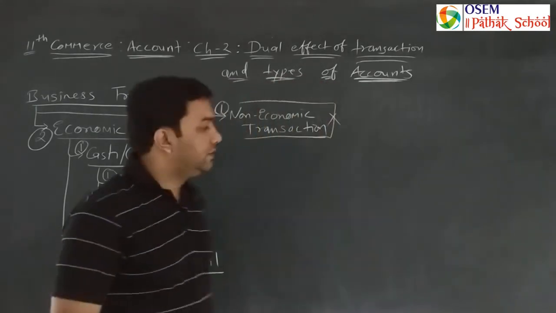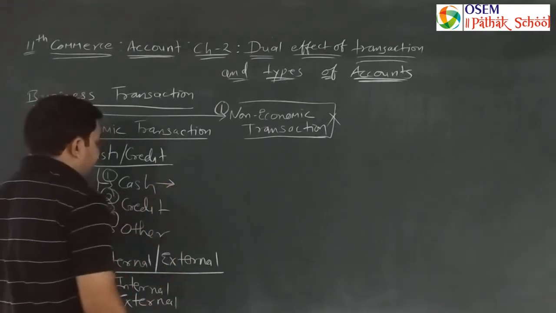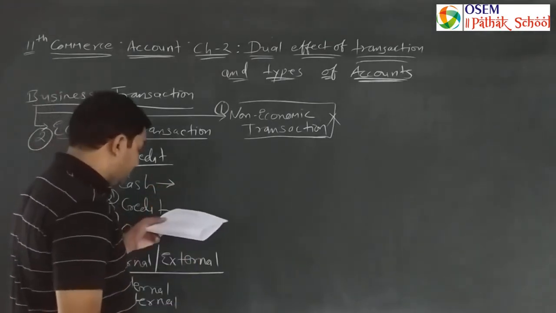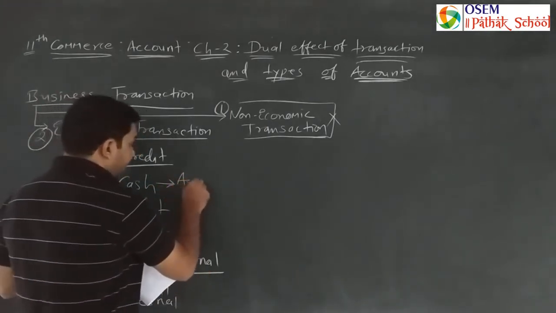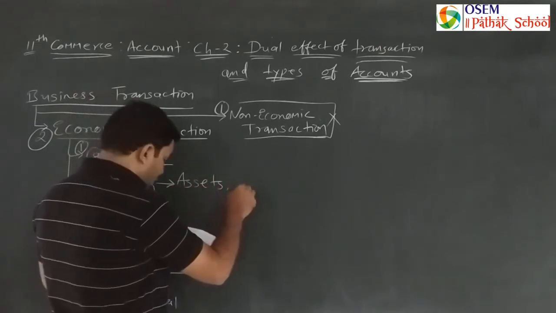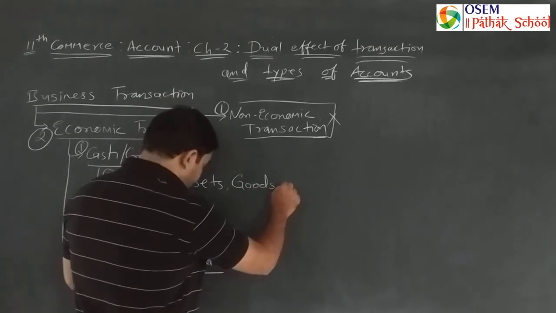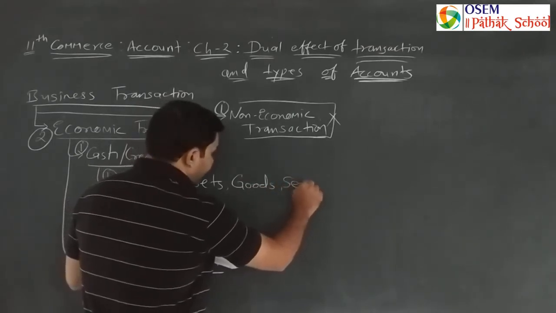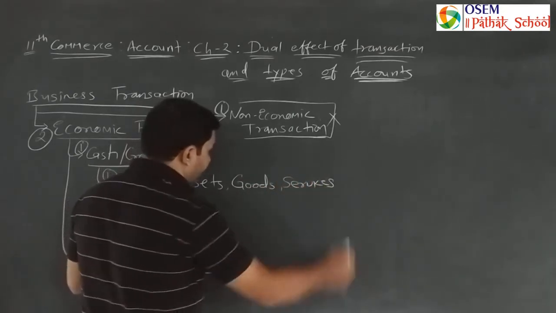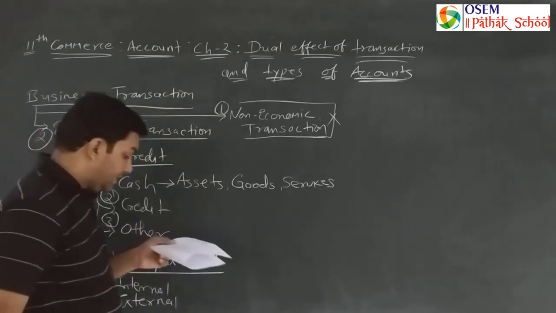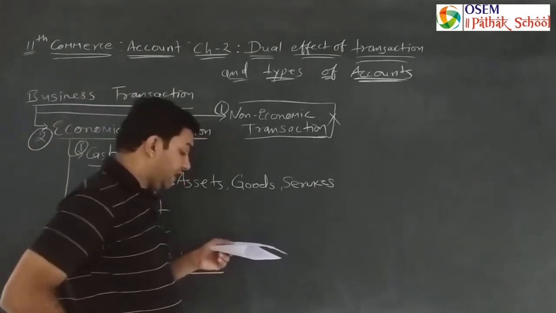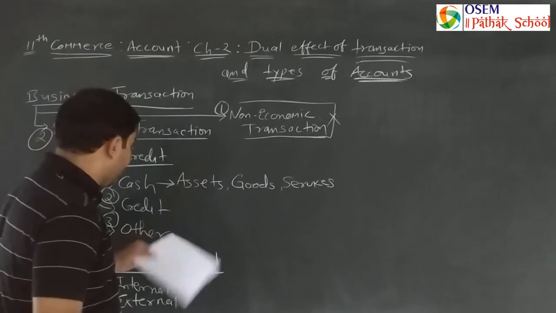So there are 3 types under cash transaction: exchange for asset, goods or services. And second, creating a relationship of debtor and creditor for asset, goods or services.